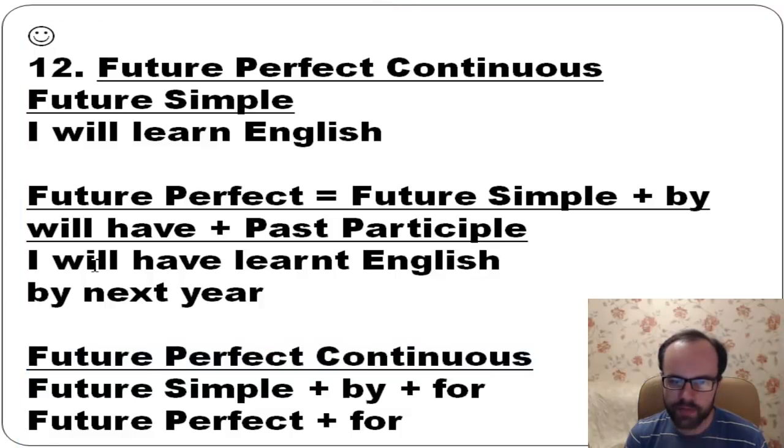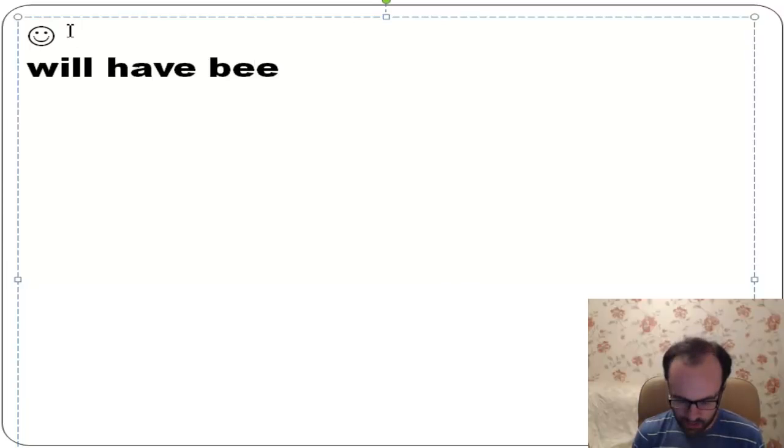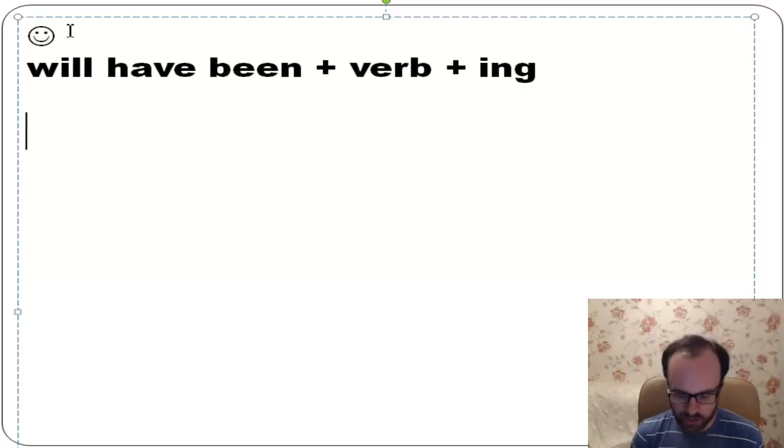So we have this sentence, I will have learned English by next year. We form future perfect continuous this way: will have been plus verb plus ing.